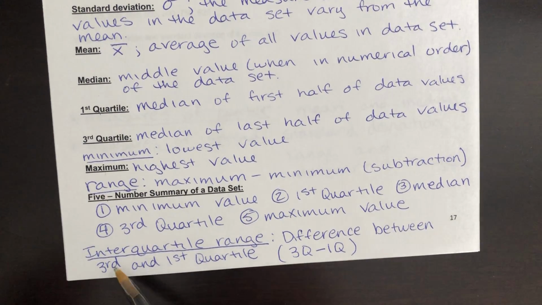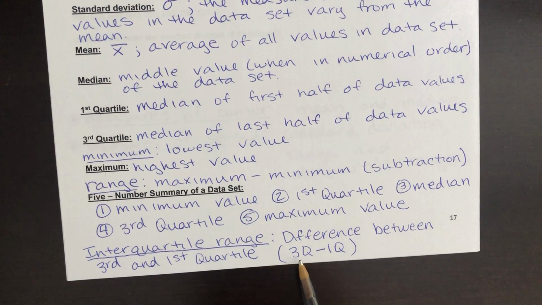Last term, interquartile range. This is the difference between the third and first quartiles. You're going to take the third quartile and subtract the first quartile. So third quartile minus the first quartile gives you the interquartile range.